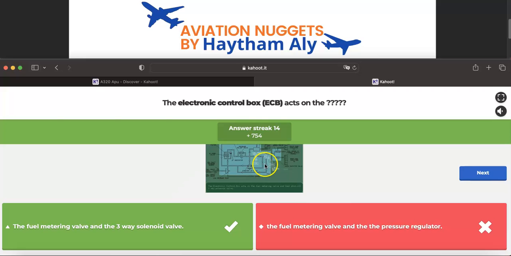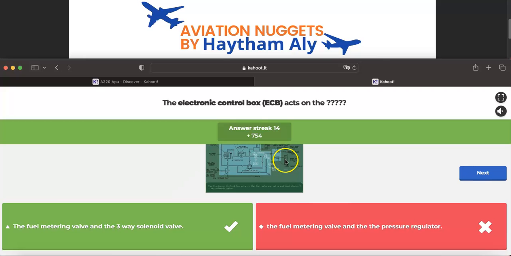Other functions of the fuel control unit are fuel metering, fuel filtering, and high pressure functions. In the fuel control unit, there is a high pressure pump and a low pressure pump. So the fuel control unit also increases the pressure of the fuel to allow for atomization for the injectors.